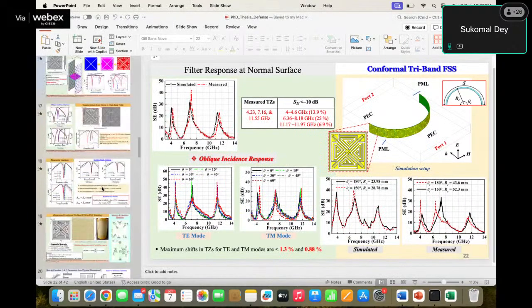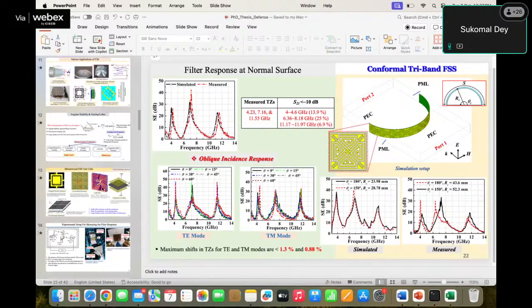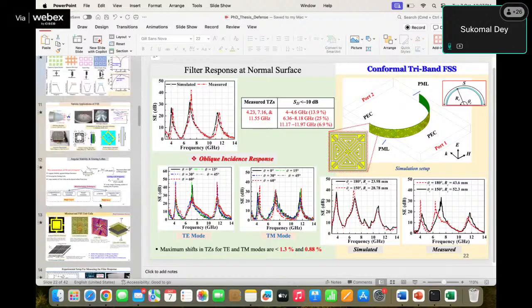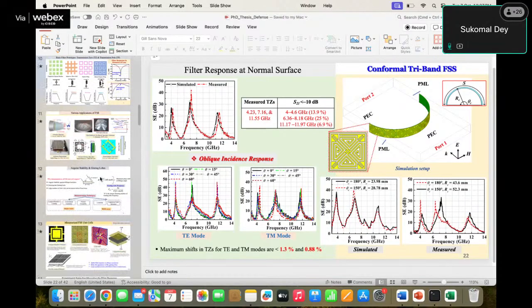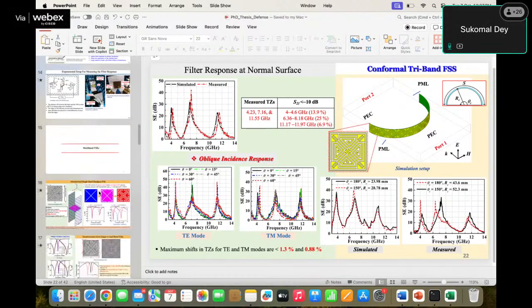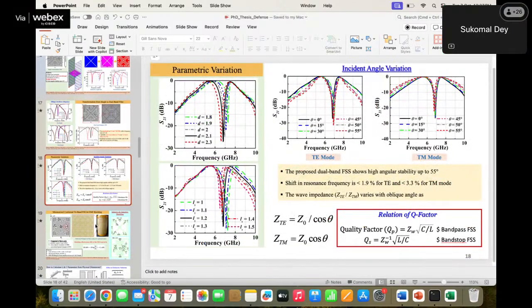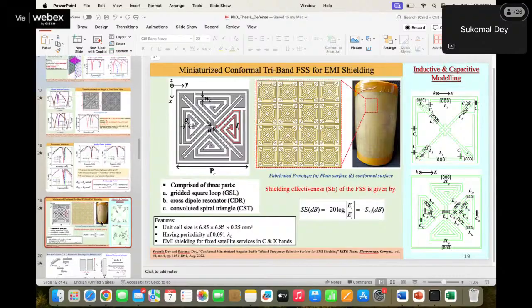It is straightforward. Let me open that slide. This is the miniaturized conformal version of it.